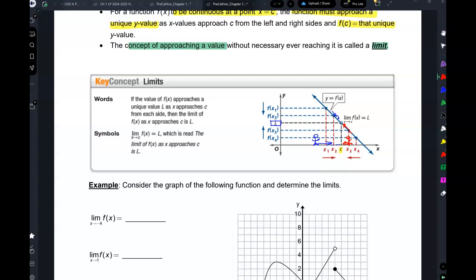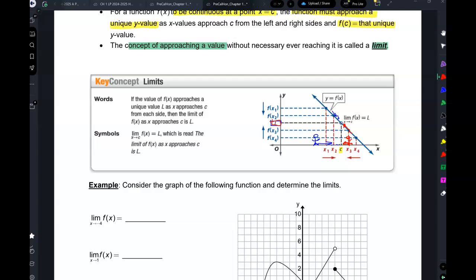L. Also L, right? So because as you're approaching C from the left and from the right, vertically, the graph is approaching the same value, we say the limit of the graph as you approach C is L.